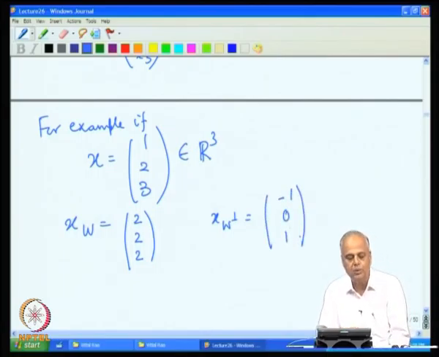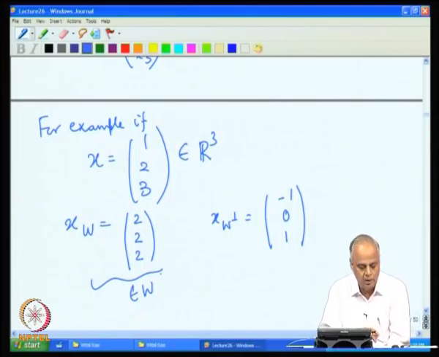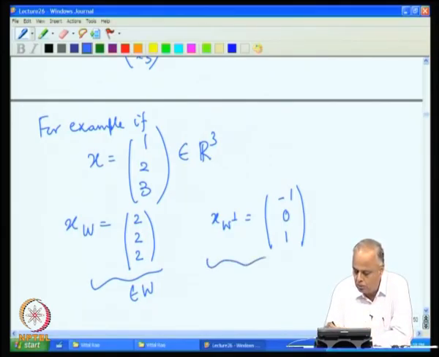If we add these two, you observe that this belongs to W, because all the components are equal. Recall, the space W consists of all the vectors whose components are all equal, and this belongs to W perp, because it is orthogonal to all the vectors in W.